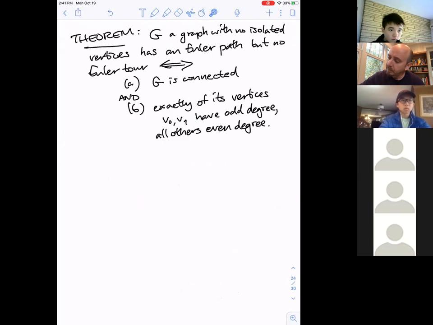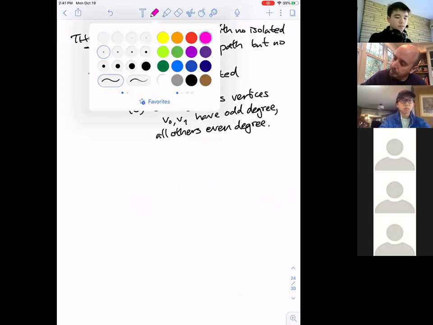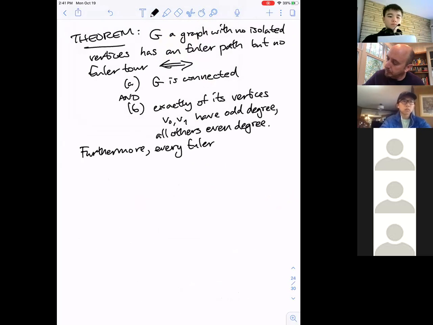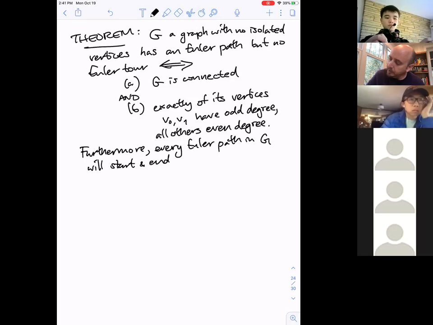So let's say that. Furthermore, every Euler path in G will start and end at those two odd degree vertices.